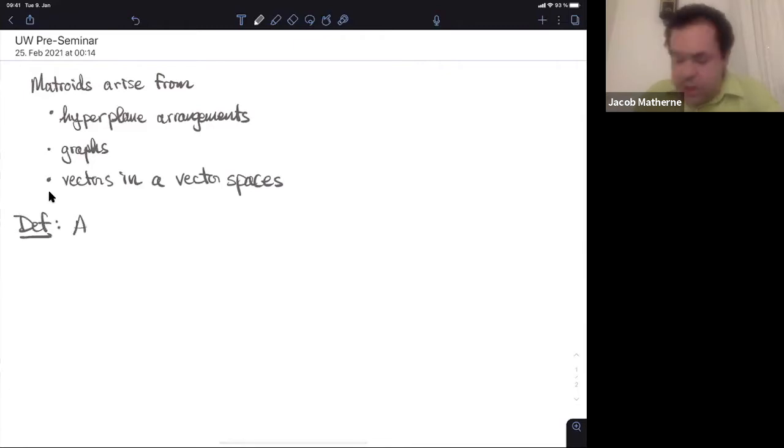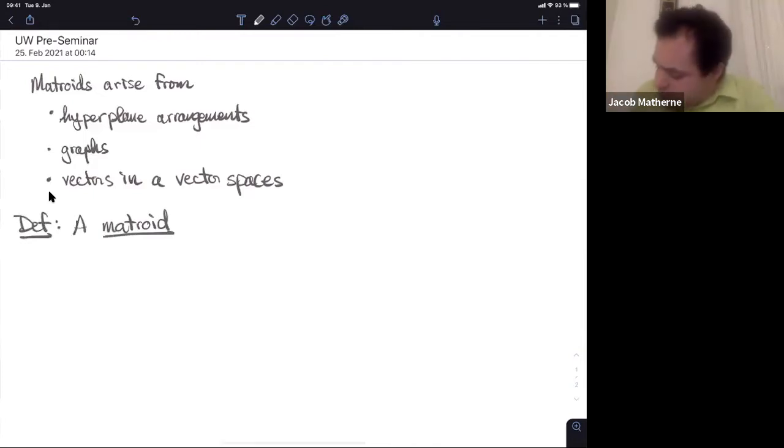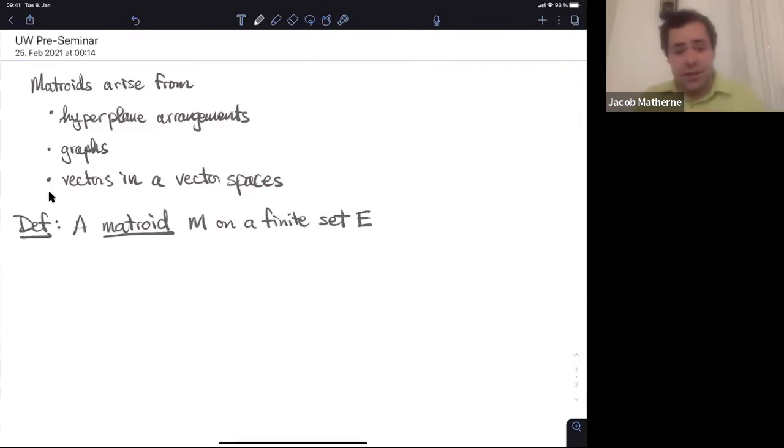So there are many different definitions of a matroid. They're all equivalent, and depending on which object you're thinking about, some are more convenient than others. So a matroid M on a finite set E. So I have this finite set, and a matroid is going to be a collection of subsets of that finite set, satisfying some properties.